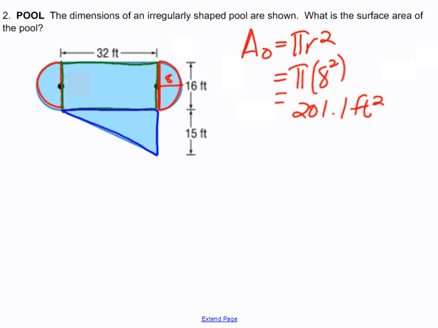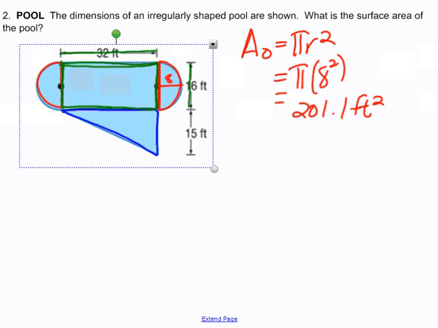Next, I'm going to find the rectangle. I can see that this is 32, and I know that this one I can move over to get 16.